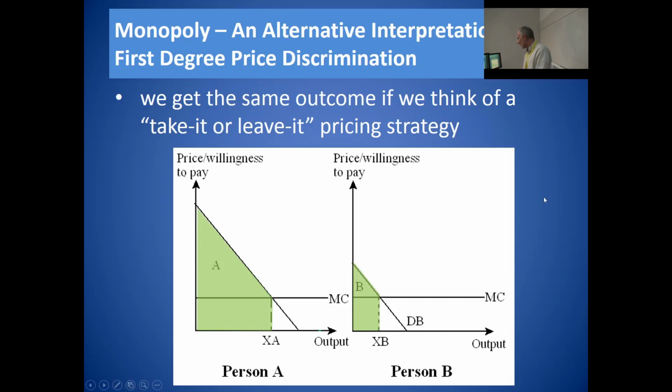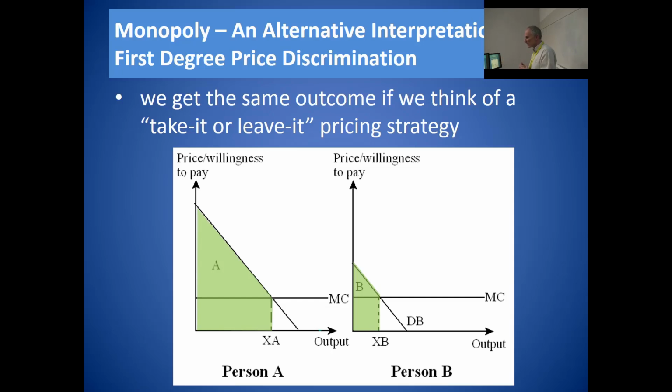And so, on the left-hand side, this might well be the scenario that applies to the town lawyer, someone with a much higher ability to pay for the doctor's services. What we have on the right-hand side is someone like a farm labourer with a much lower ability to pay.